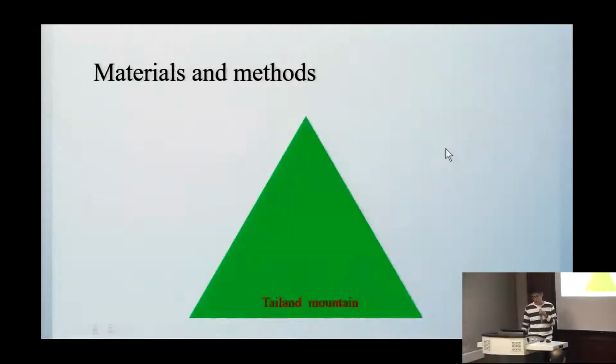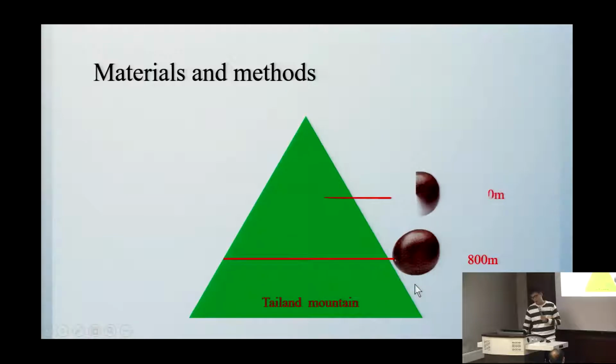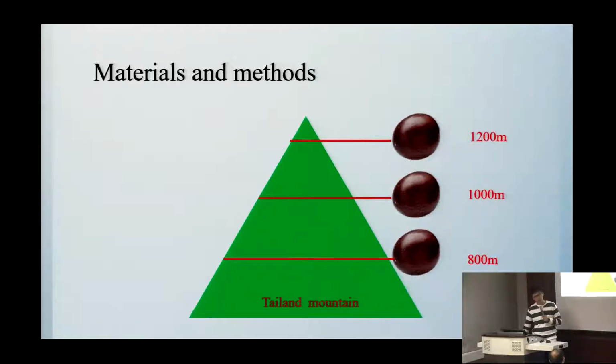So here come the materials and the method. First, we plant the fruit on a Thailand mountain, at an altitude of 800 to 1200 meters.